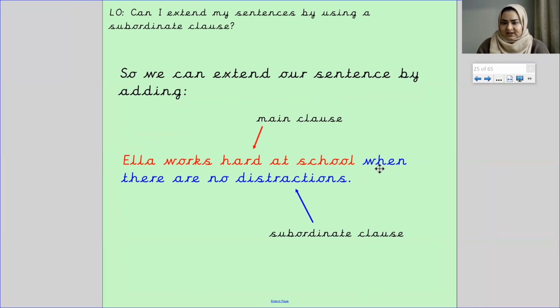Now, that subordinate clause is linked to the main clause, so it needs to make sense and add more information to it. I'm just going to read the whole sentence to you again. Ella works hard at school when there are no distractions.